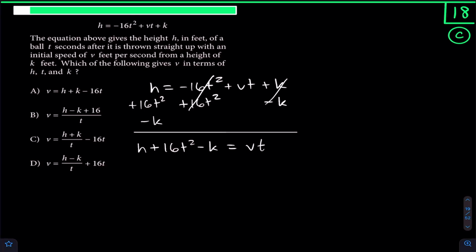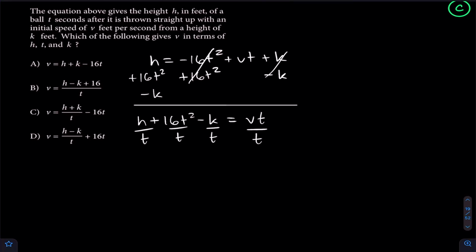And now all we have to do is divide by t on both sides. Doing that, I'll switch the sides now, so I'll put v on the left-hand side. v is going to equal h over t plus, well, now one of these t's is going to cancel off with this t. So we're going to be left with a 16t there.